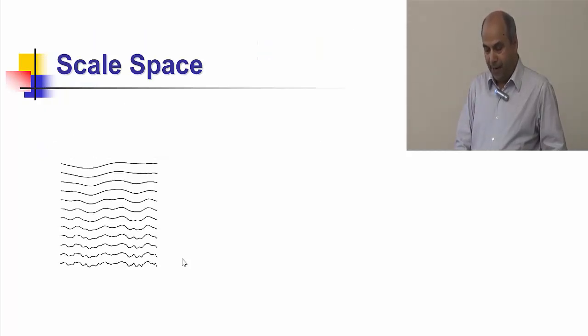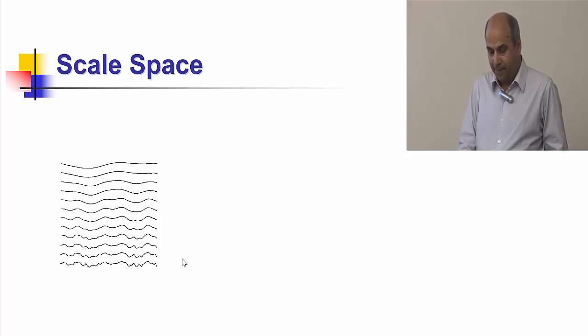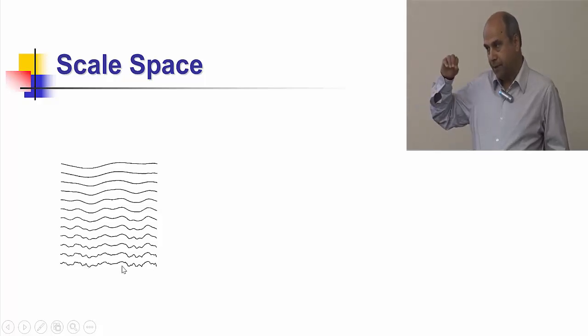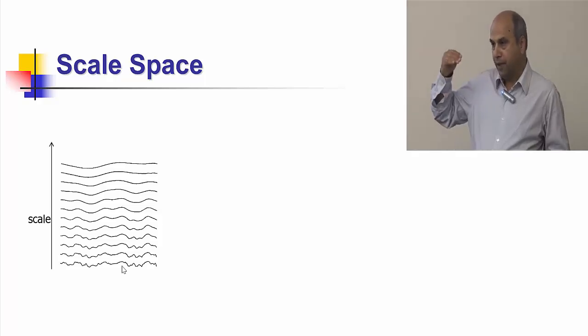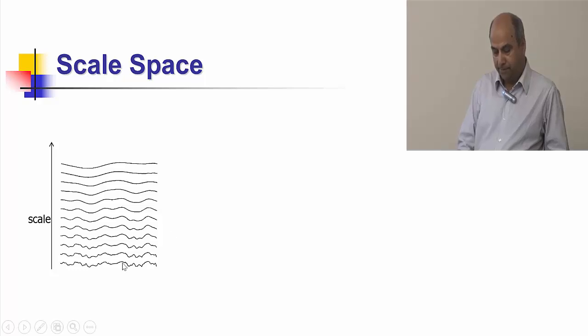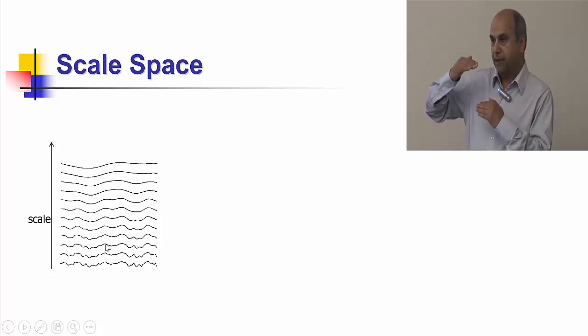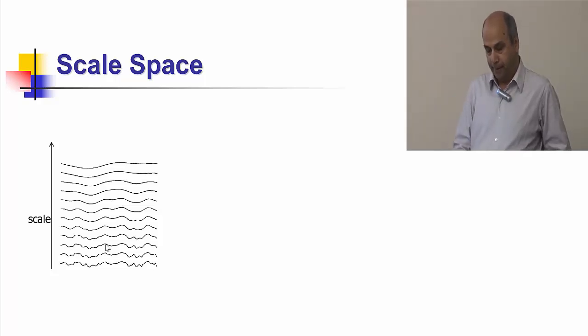That gives you something like a scale space. Let's say the original signal is like this, one-dimensional, just a row from one image. If you keep smoothing at different scales, it will look like this: the original, sigma 1, sigma 2, and it keeps smoothing.